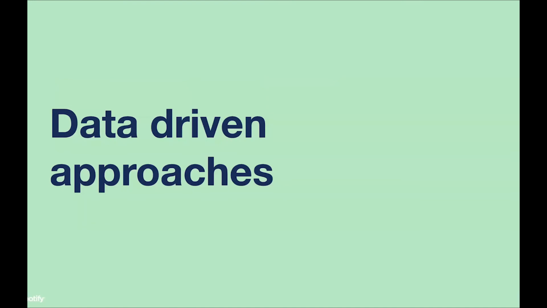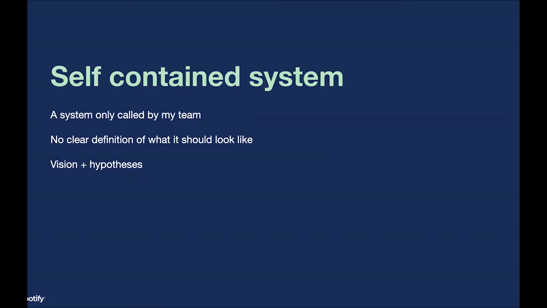So now I want to outline two different approaches that we took in our day-to-day life. One is a really self-contained system, which I already mentioned, which is this account activity system. As we own the logins domain, it is only called by our system.